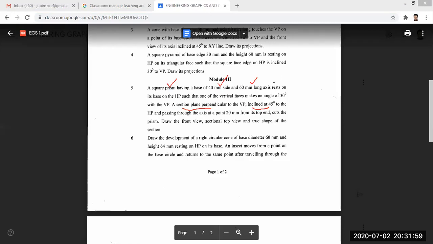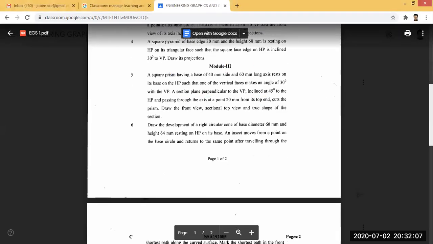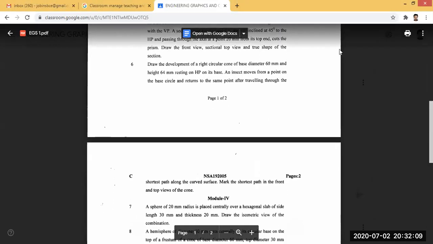Then the next question, question number 6. Here you have to create a circular cone of base diameter 60 and height 64 mm.